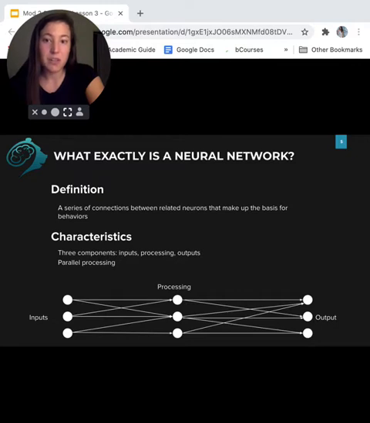This not only makes neural networks super efficient, but it also provides a certain security in the network, in the way that if one neuron in one of the components dies, the network as a whole will still be able to function. This small diagram at the bottom of the screen is used to describe the ways that neural networks work.